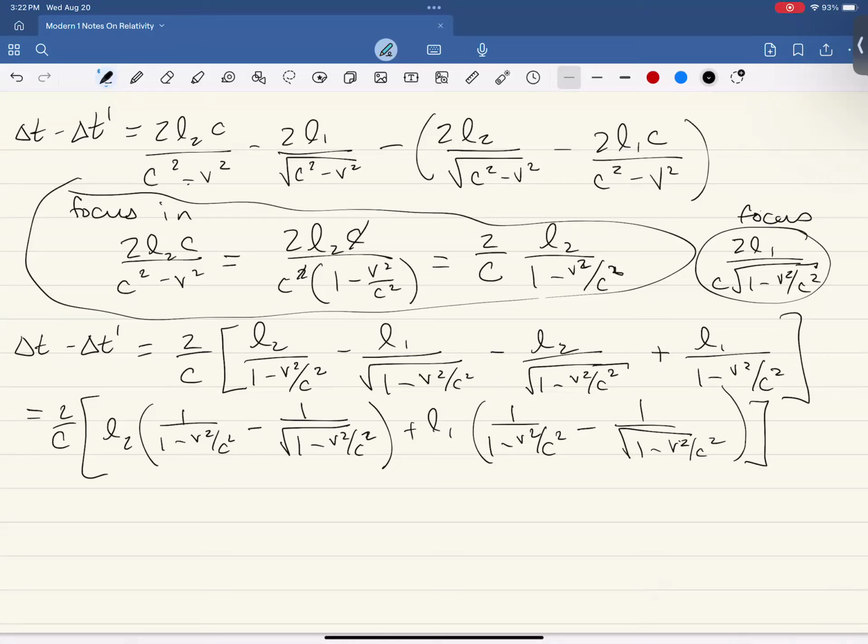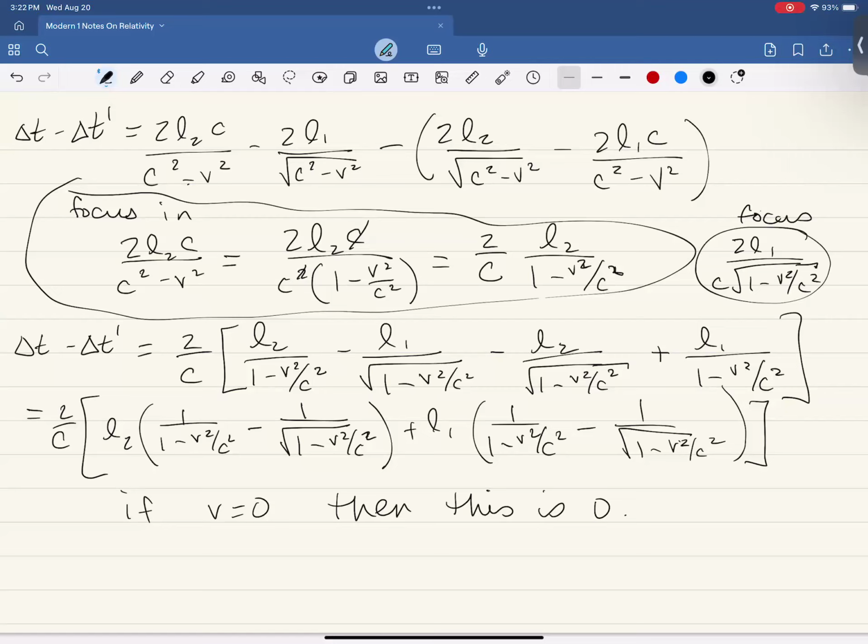Okay, well, the first thing I think when I look at this equation is, well, gee whiz, if V is equal to 0, then this is 0. Because if V is equal to 0, then 1 over 1 minus V squared over C squared becomes 1 over 1 minus 0. Same thing for this second one.